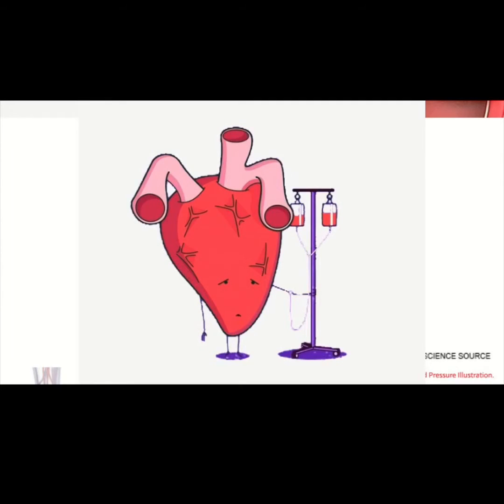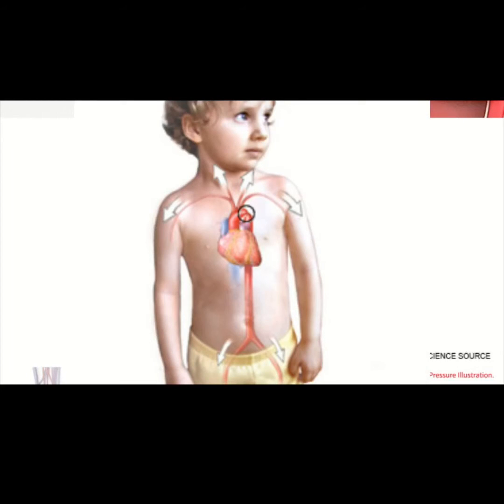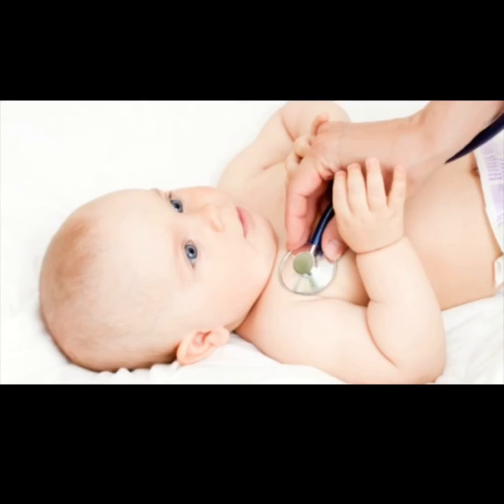For example, defects in the internal septa or abnormal communication between the great arteries, partial or total obstruction of any of the valves of the heart or some portions of the great artery or the infundibula. Other is an abnormal connection between the heart cavities. And the last one is combination of various defects in the heart.